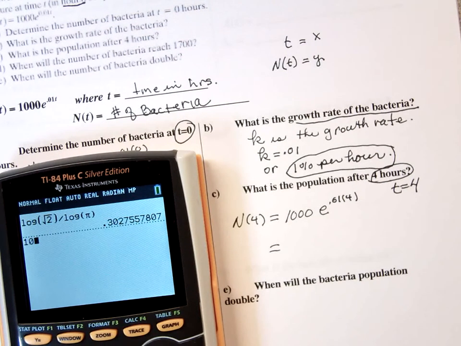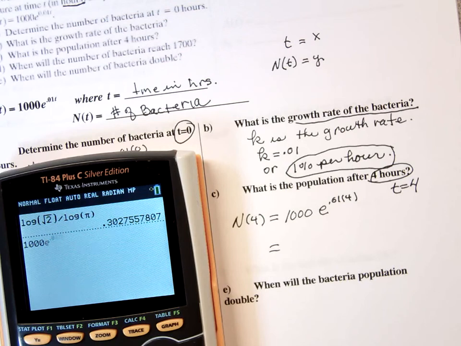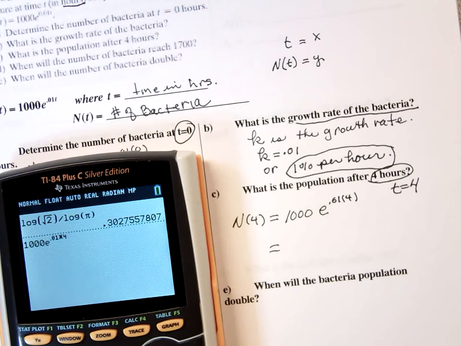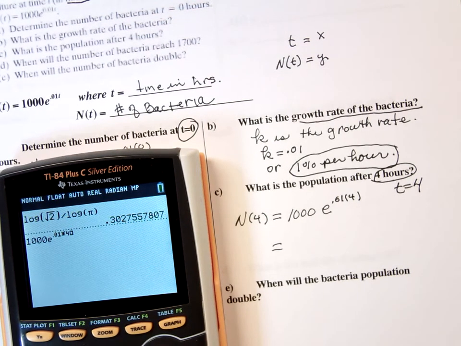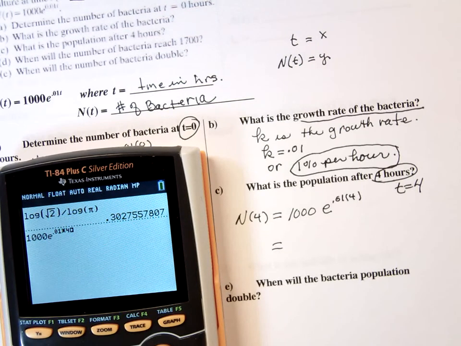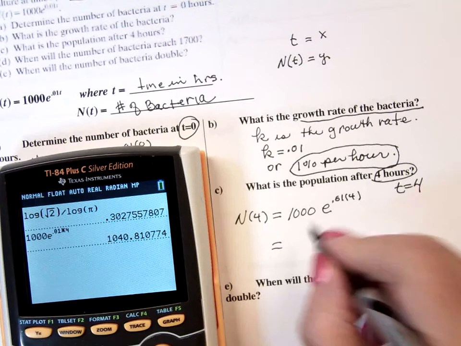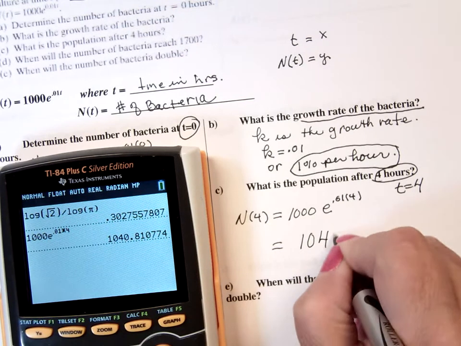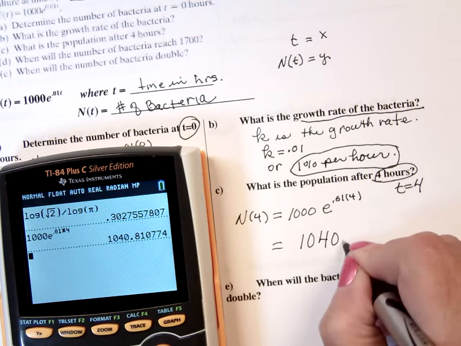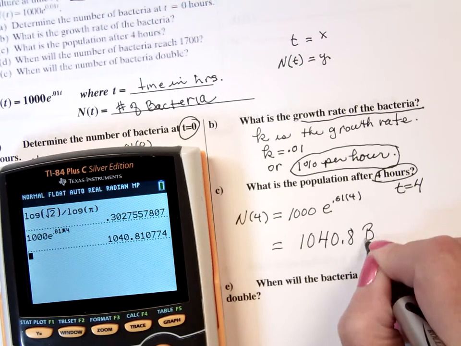So it's 1,000 e, which is above natural log, to the 0.01 times 4. This is pretty print, which is kind of nice. And I've got 1,040.8 bacteria.